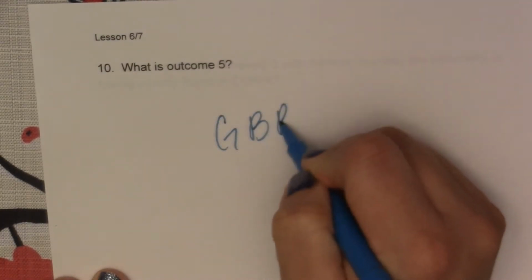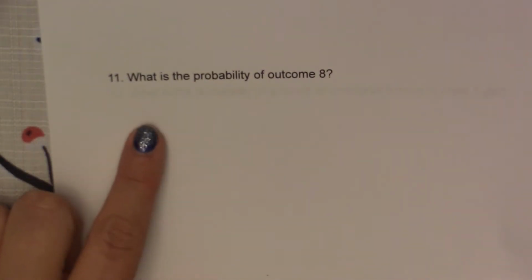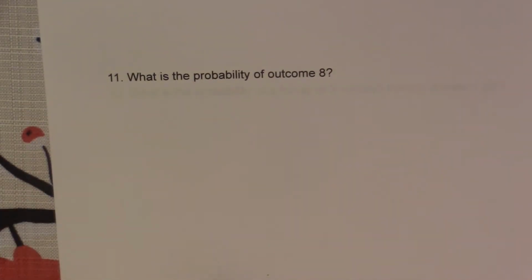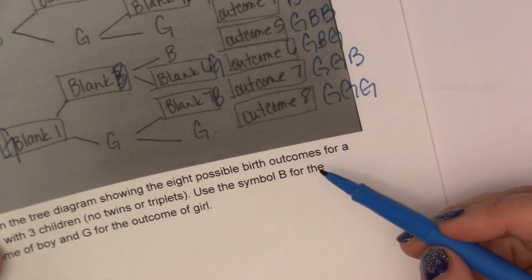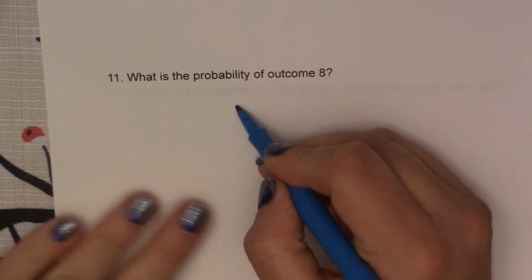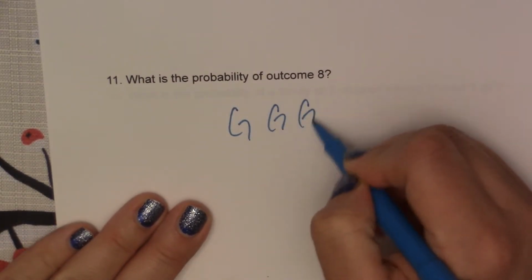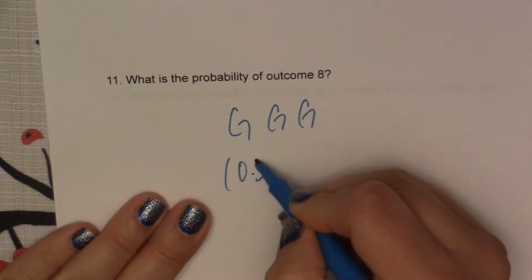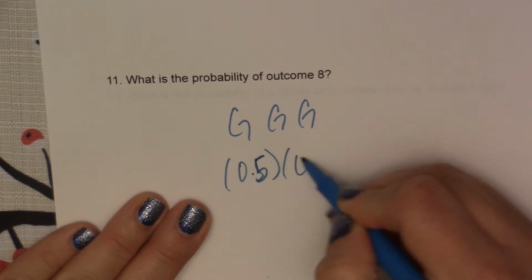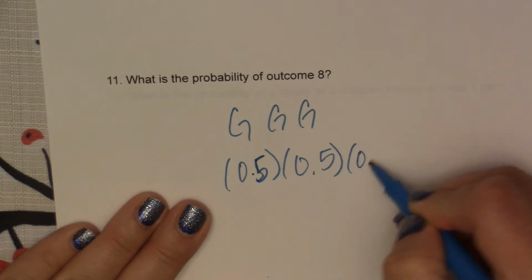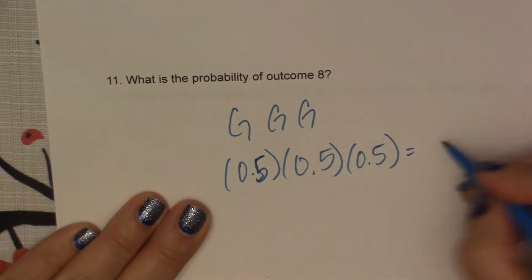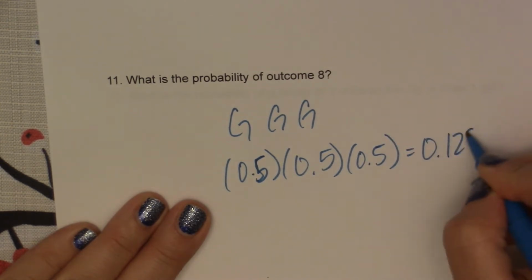Okay. 11, what is the probability of outcome 8? That was our last outcome of girl, girl, girl. So again, 0.5 times 0.5 times 0.5, which was 0.125.